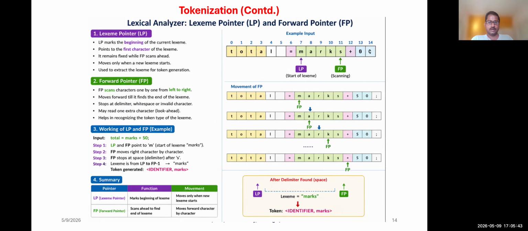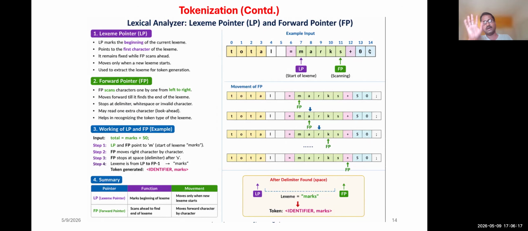Let us say marks. You can identify how both the pointers work together to find the lexeme marks and its corresponding token type. First, the lexeme pointer LP is pointing to M, the first of the five characters of MARKS.